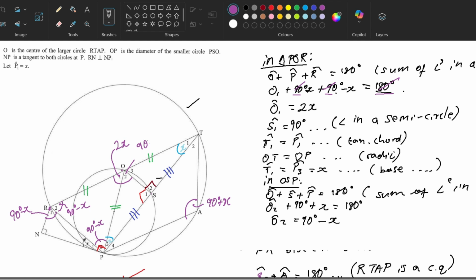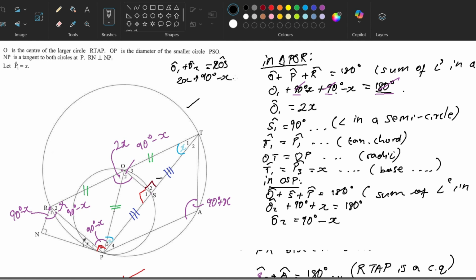So since we are looking for angle ROS, isn't it? Angle ROS is going to be equal to O1 plus O2. It's going to be 2x plus 90 minus x is equal to ROS.